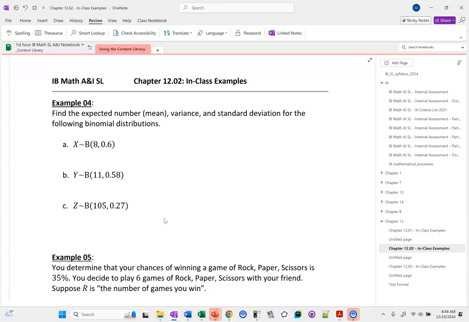All right, find the expected number, i.e. the mean or the expectation, the variance and the standard deviation for the following distributions. I'll do the first one. You guys are going to do the next ones. So the expectation is n times p.